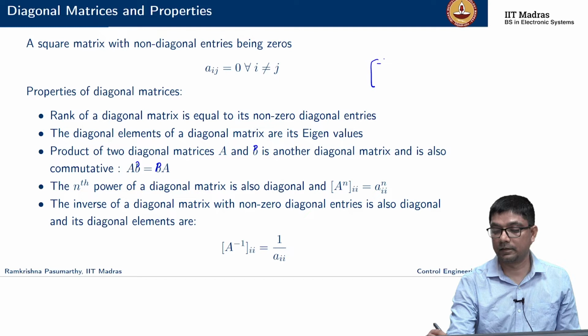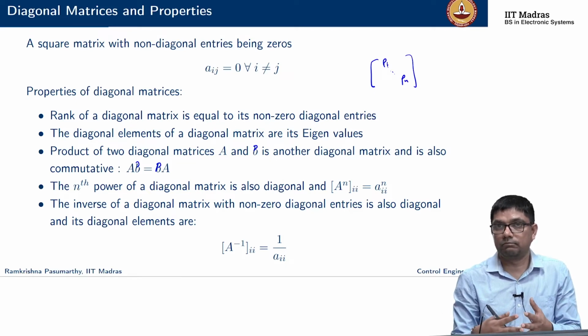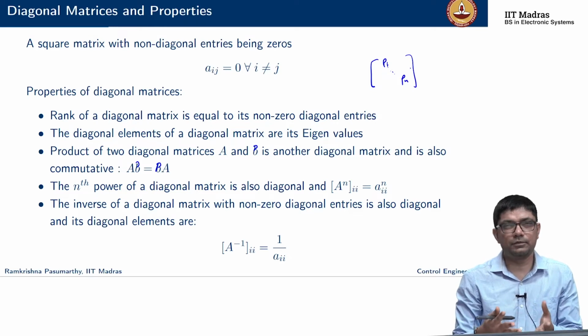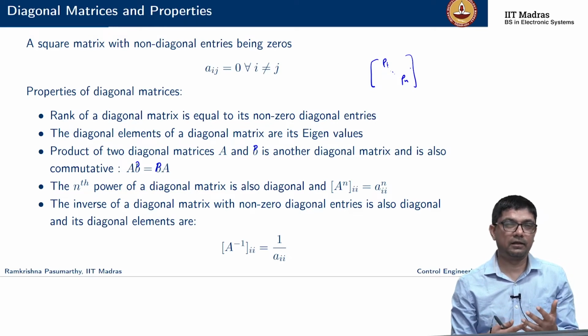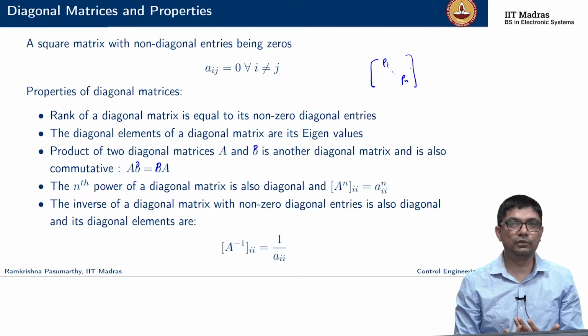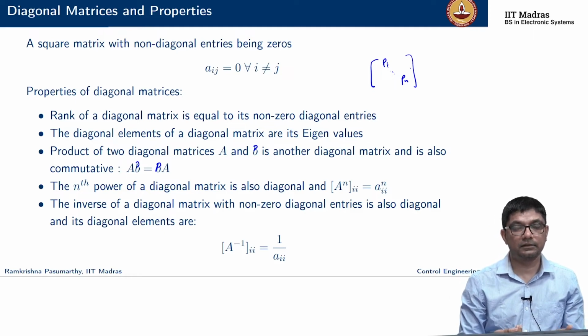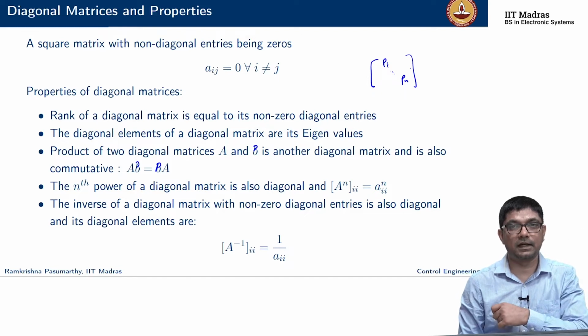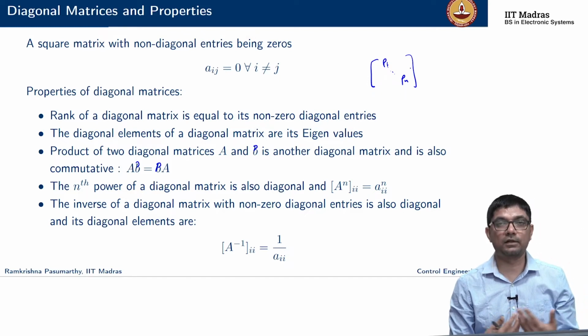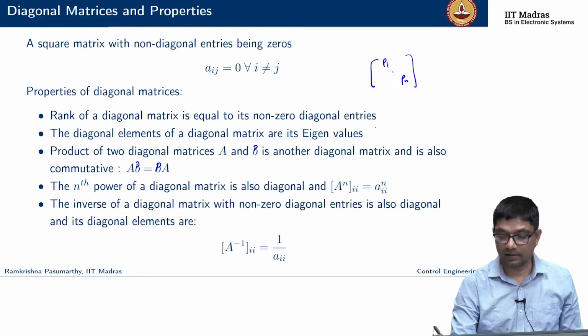I'll just write P1 till Pn. Now something nice seems to be happening, because we can relate eigenvalues to stability. If I can diagonalize a matrix, what sits on the diagonal are just the eigenvalues. I just look at the signs of those eigenvalues and I can maybe infer stability from this.